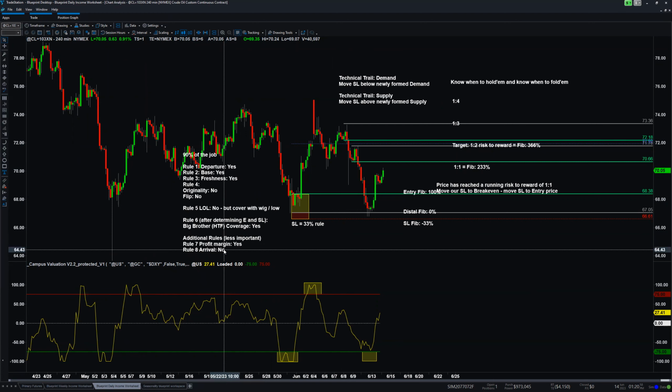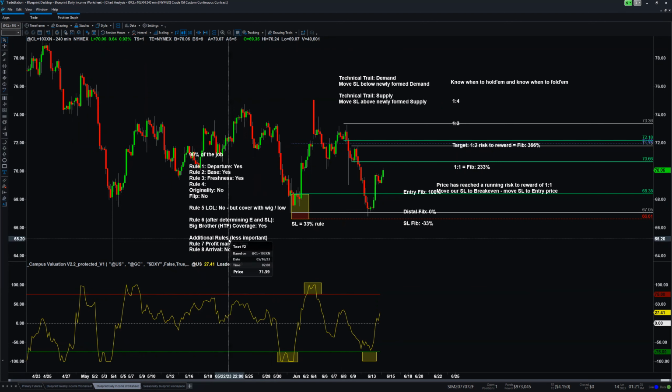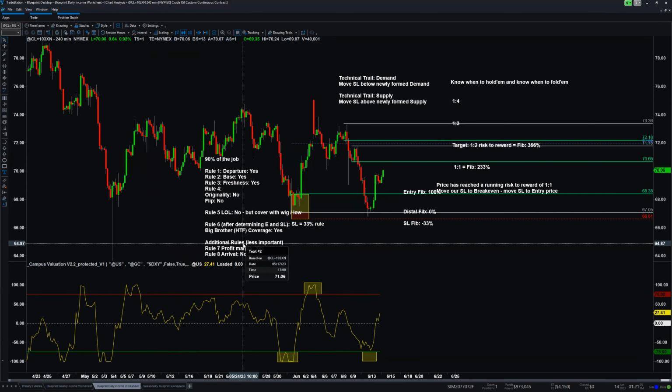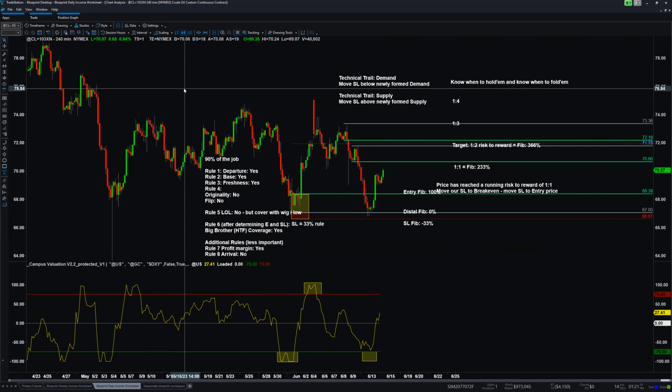If it fell in line, all the better, right? But we're always going to approach this from a higher time frame context, fundamentals first, then lower time frame.